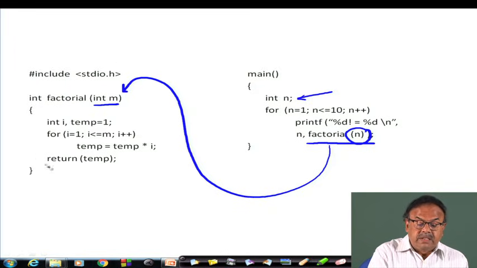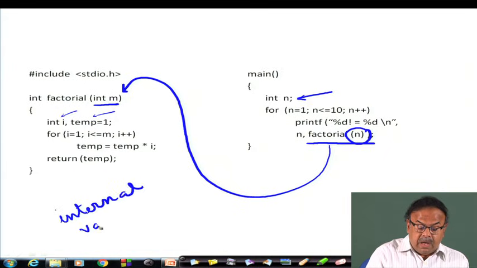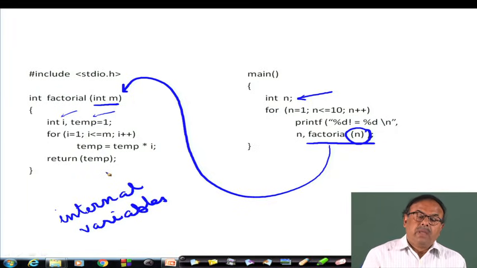Then here, int i. Now, this variable i and this variable temp are purely internal variables. That means these variables are internal to the body of the function.